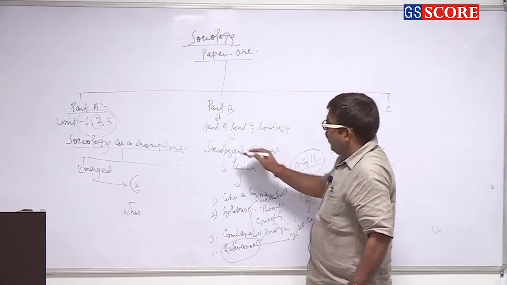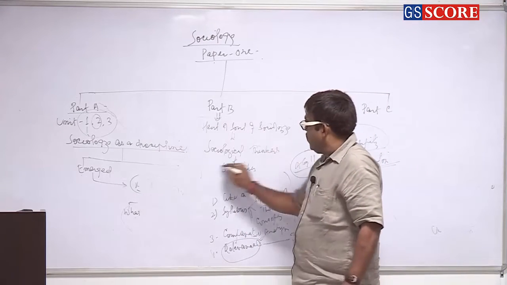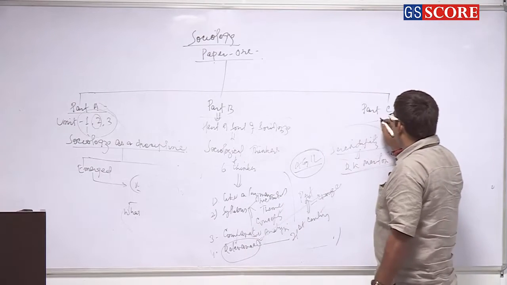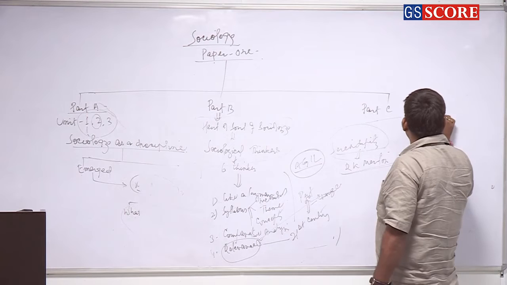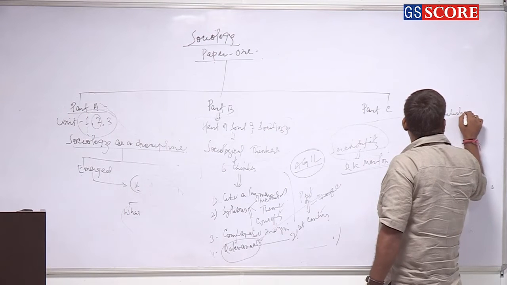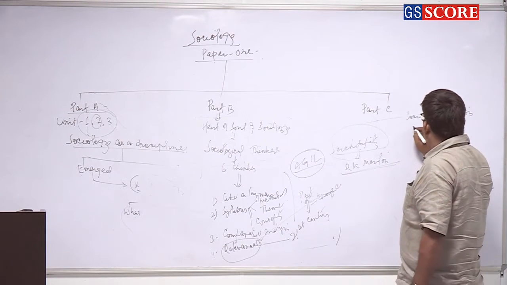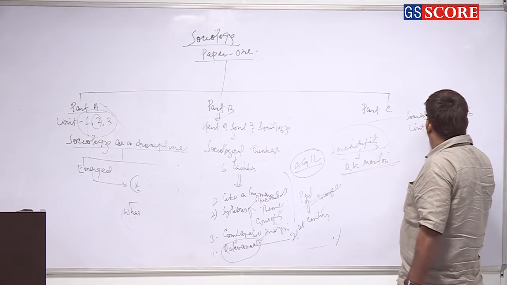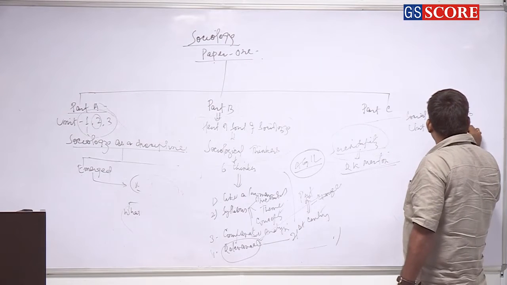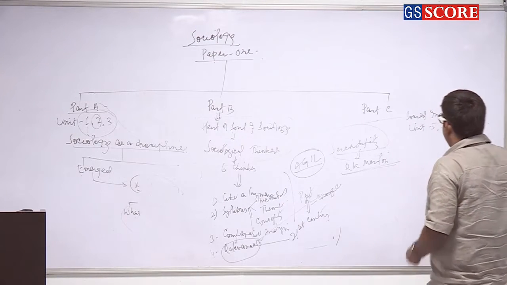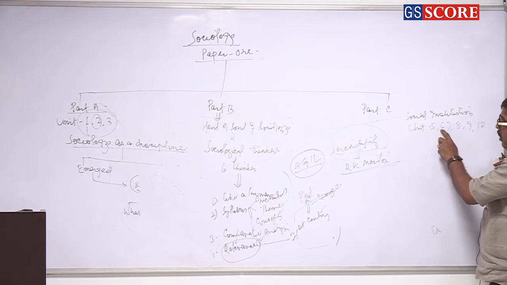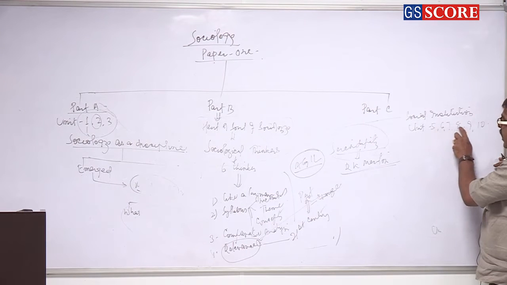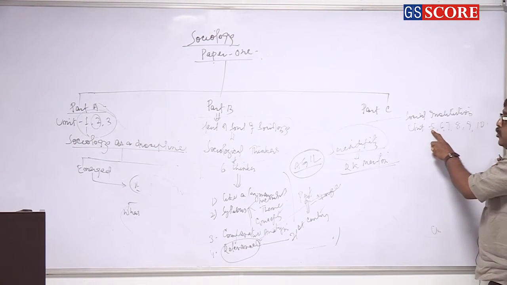And once we have known the thinkers, these ideas will continue into part C, that is social institutions, which will begin with units 5, 6, 7, 8, 9 and 10. Unit 5 is social stratification, and if you look at all these units 5 to 10, what do you find? Everywhere it begins with sociological theories.